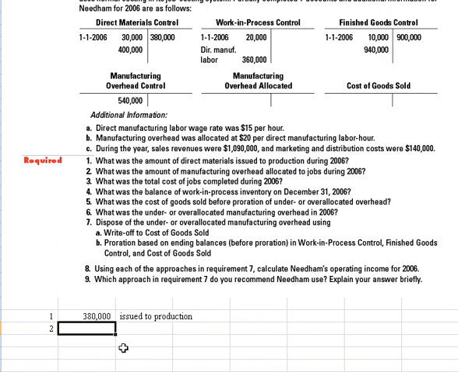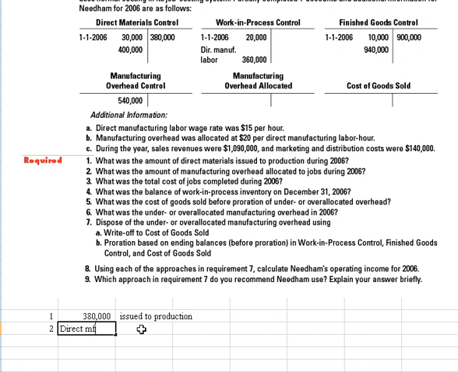On number 2, what we do see is that in the work in process control, they've identified $360,000 as relating to the direct manufacturing labor. So what I think we need to do here is calculate the direct manufacturing labor hours.